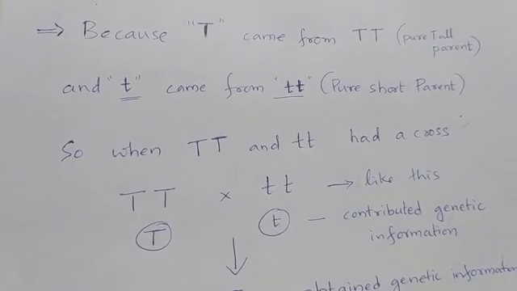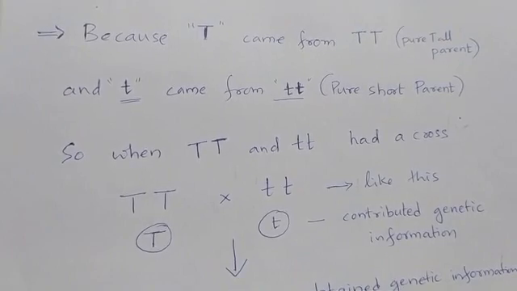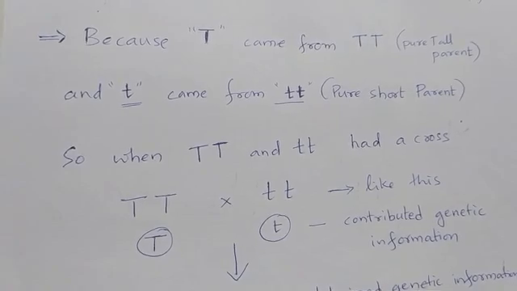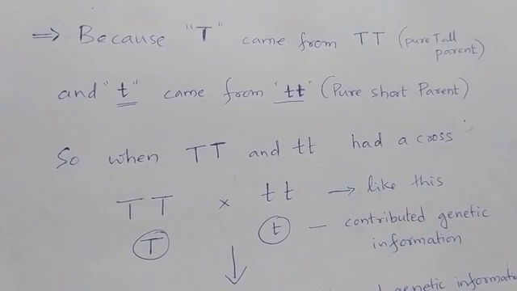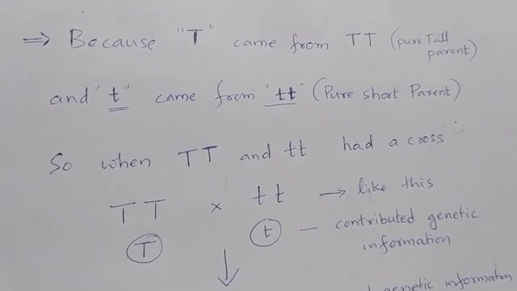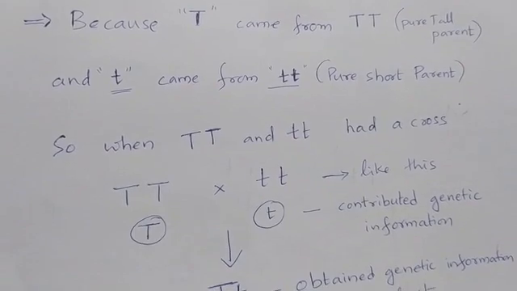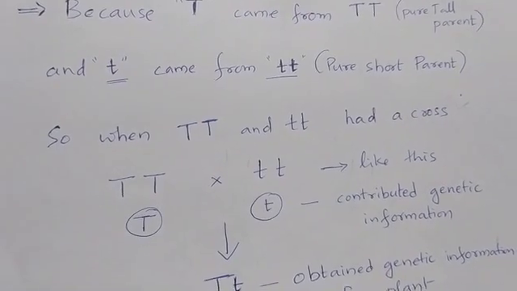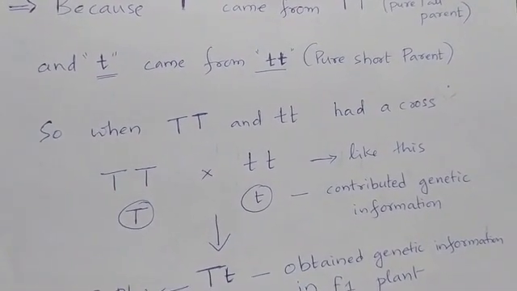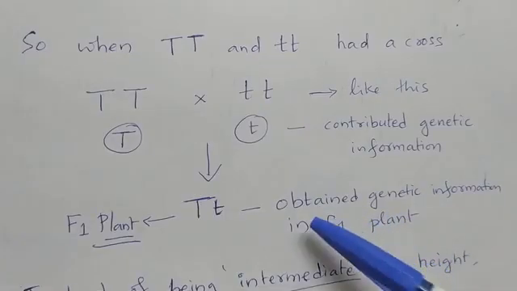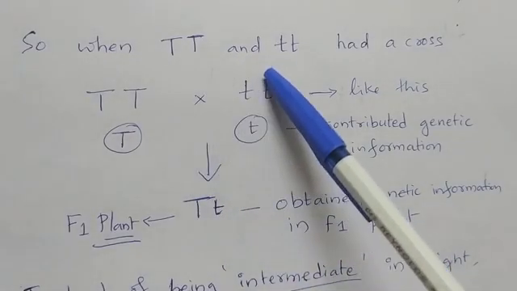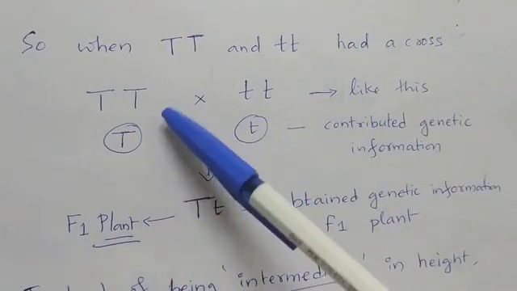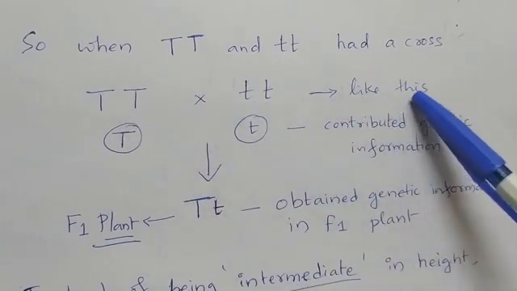How can you say that the F1 plant has the genetic information acquired from both the parents? Because capital T came from the pure tall plant, and the small t came from the pure short plant. So when capital T and small t plants had a cross, like this, these are the pure plants.